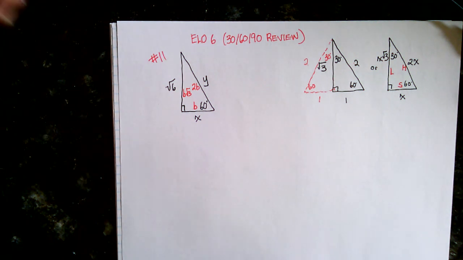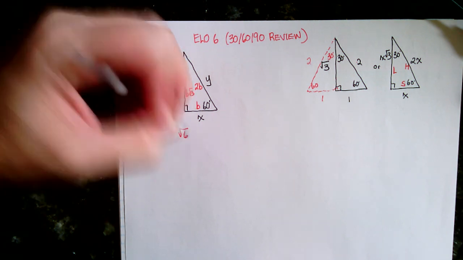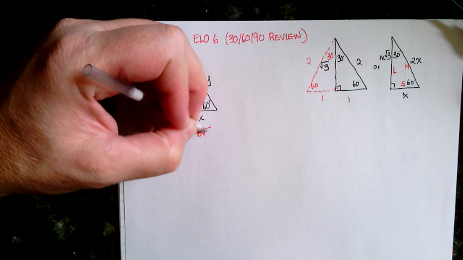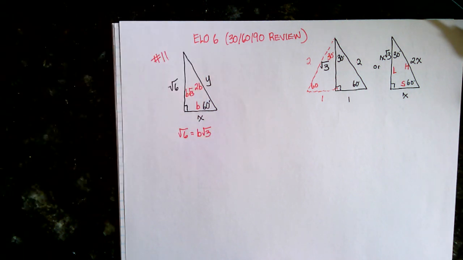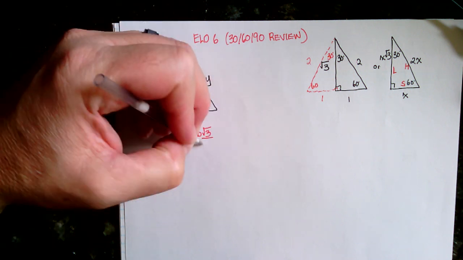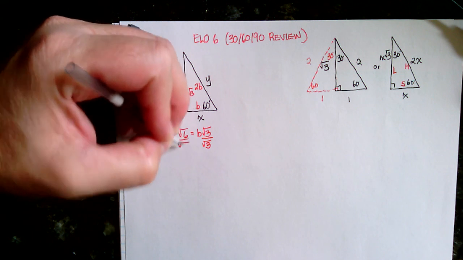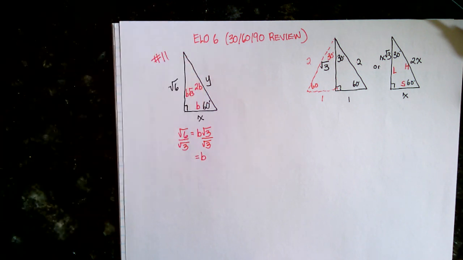So in this situation, the side that is root 6 is the side that we're calling b root 3, because it's root 3 times whatever the short leg is. We're trying to get back to the short leg. So, divide both sides by root 3 in order to isolate b. Okay?